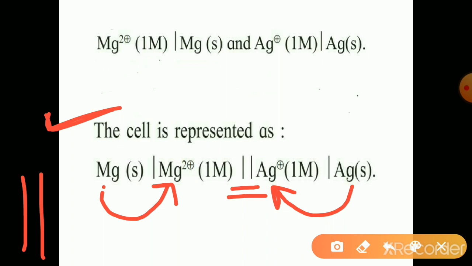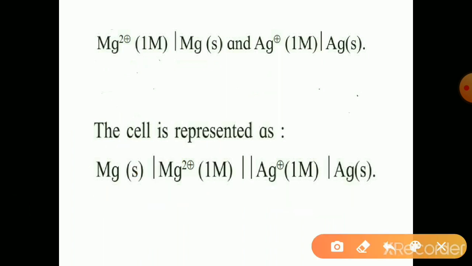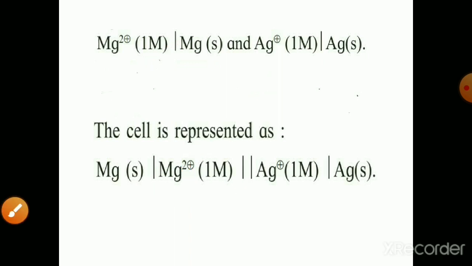In the oxidation half, first the metallic species and then the ionic species are shown, and the contact is shown by the vertical line. In the reduction half, first the ionic species and a vertical line, after that the electrode is shown. After the ionic species, their concentration is mentioned in the parenthesis, in the bracket.